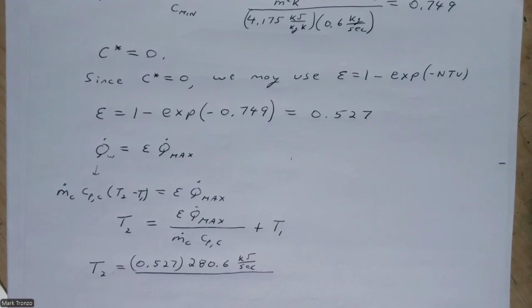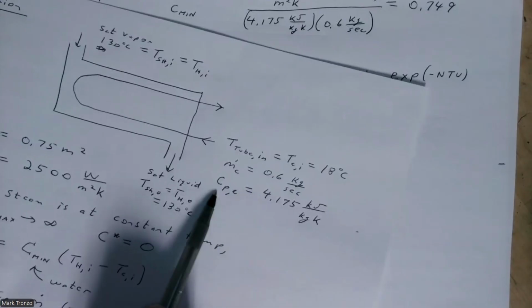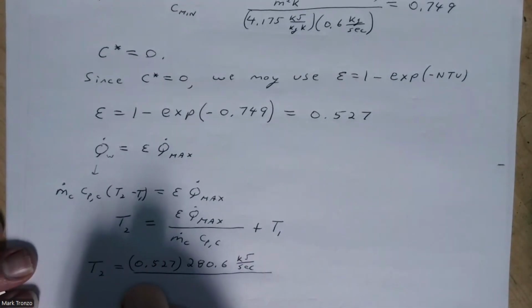And then the m dot C for the cold was 0.6.